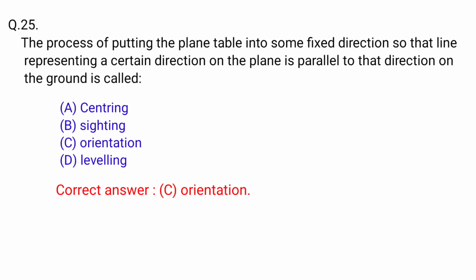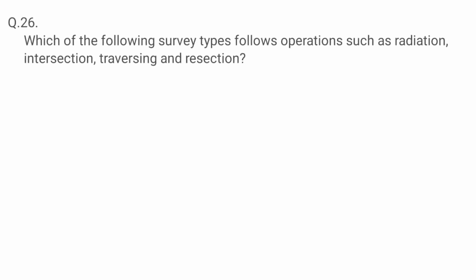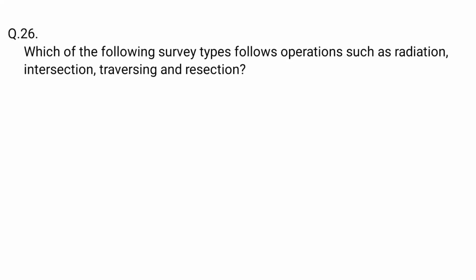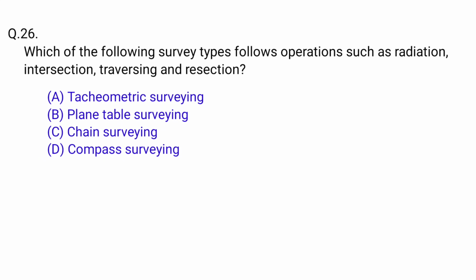Correct answer is option C. Orientation. Next. Question number 26. Which of the following survey types follows operations such as radiation, intersection, traversing and resection? Options A. Tachymetric surveying, B. Plane table surveying, C. Chain surveying, D. Compass surveying.